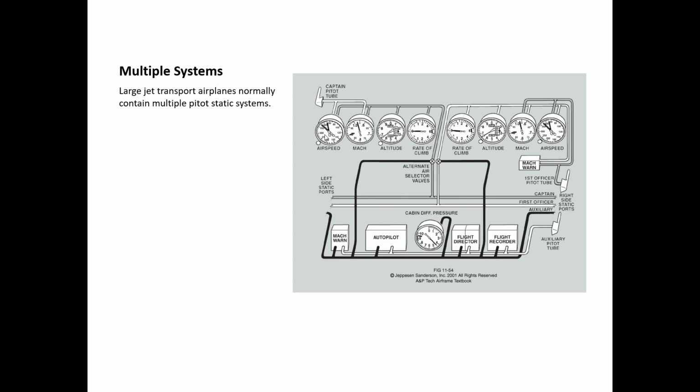3 different airspeed indicators. Well, just 2 in this picture. And then 2 VSIs, and actually 2 Mach, which is a fancy airspeed indicator, a Mach meter, and 2 altimeters for altitude.